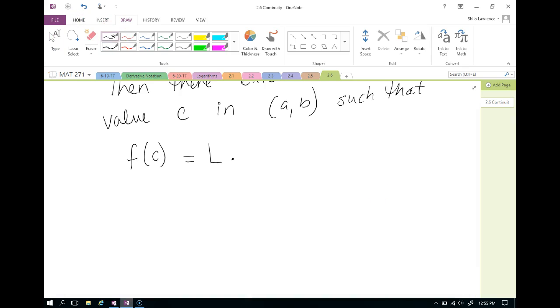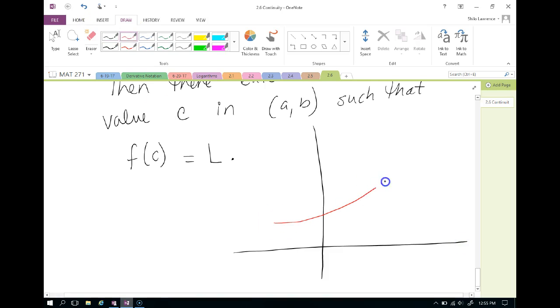So I want to show you really quickly on a graph, and I think it makes more sense on a graph. So let's say this is our f of x. And here's our a, here's our b.